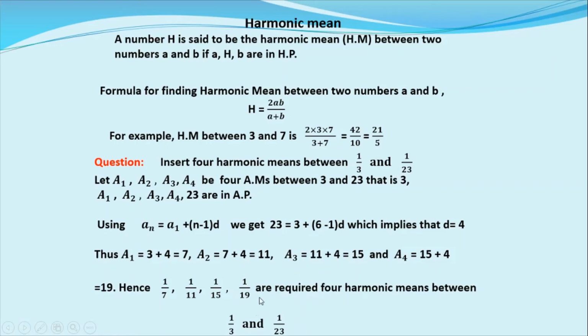Since we cannot find the four harmonic means directly, we took the help of arithmetic means to find those numbers. At the end, we took the reciprocal of those numbers, and they became the harmonic means between these two numbers.